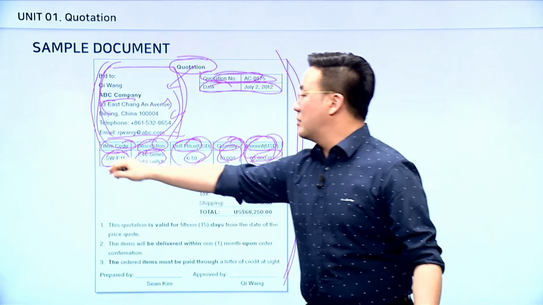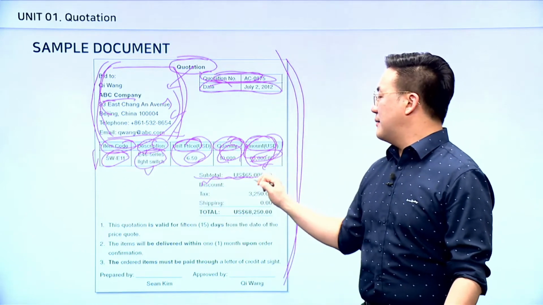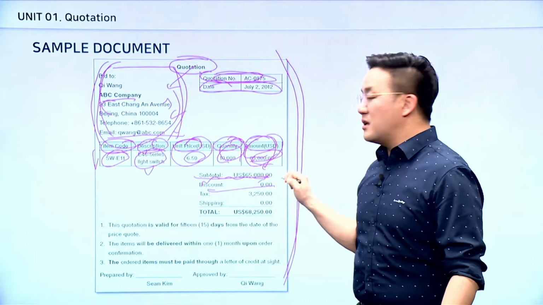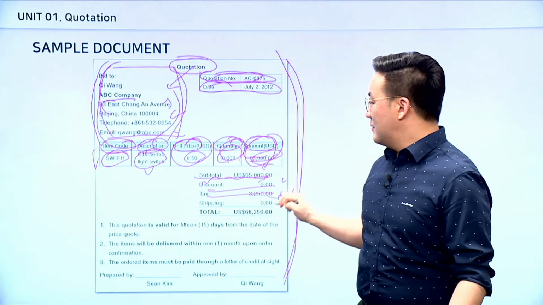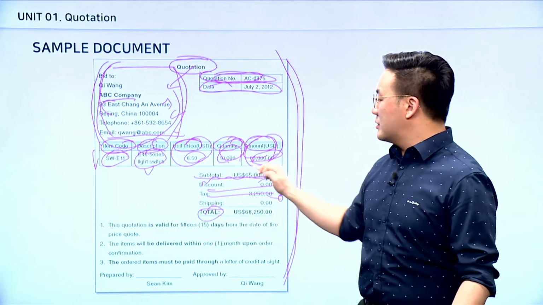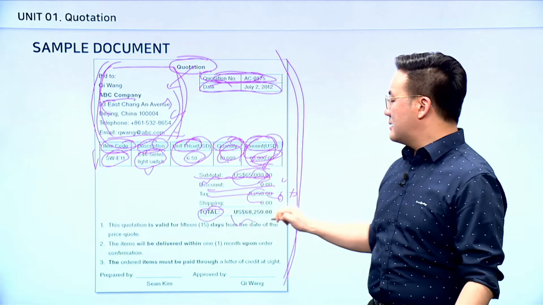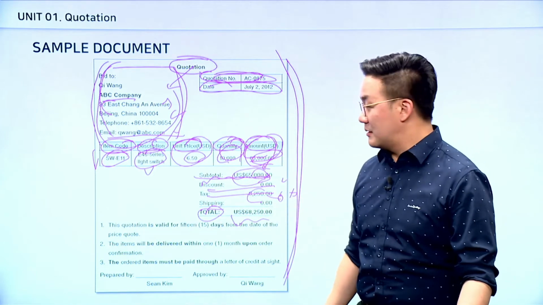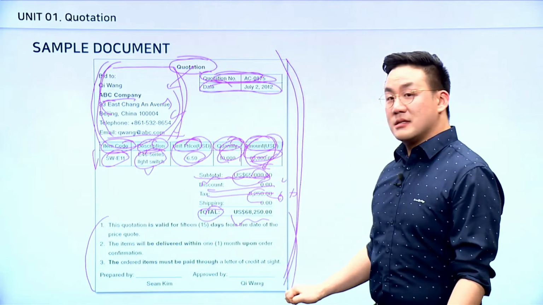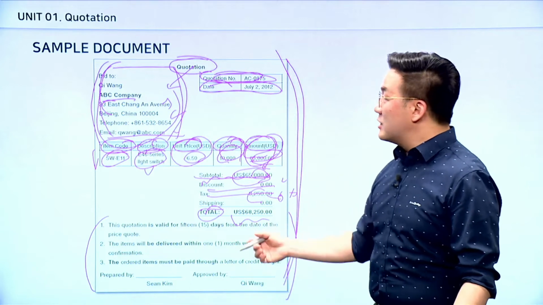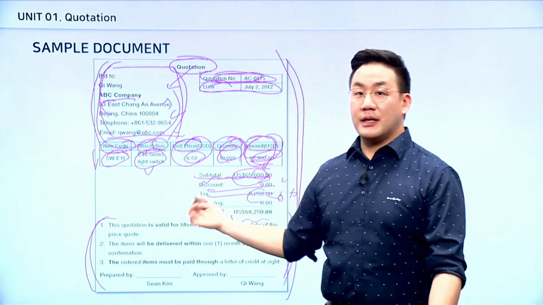And because there's only one item, the subtotal is the same, 65,000. There's no discount, too bad. Tax, I think it's 5%, right? So the total that includes the subtotal and the tax is $68,250, right? And there are some terms and conditions which are pretty much essential in this quotation, and I'll get to it on my next page.